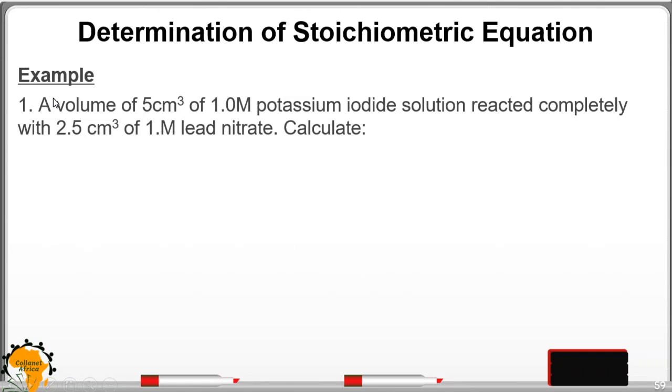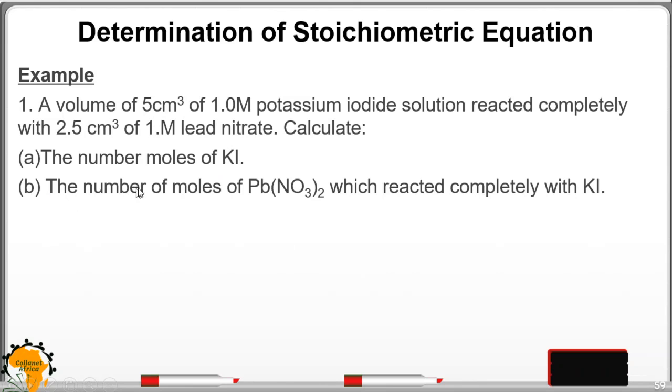A volume of 5 centimeters cubed of 1 molarity potassium iodide solution reacted completely with 2.5 centimeters cubed of 1 molarity of lead nitrate. Calculate: A. The number of moles of potassium iodide.